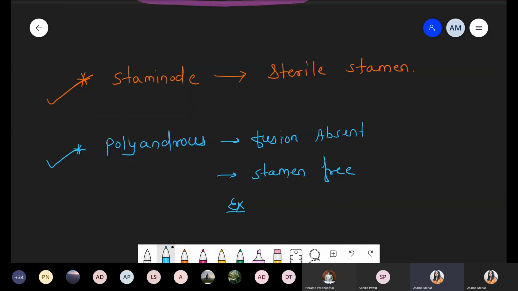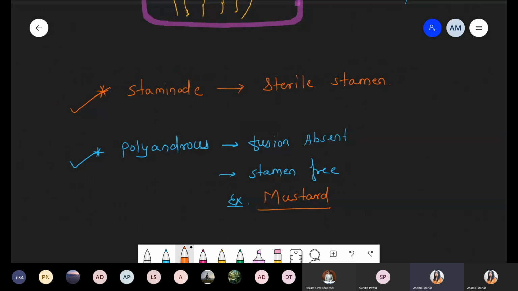The best example where the polyandrous condition is represented is mustard, belonging to the Brassicaceae family. So what does it mean? Poly means many. Androus means androecium. Many stamens are present, but in this condition fusion is totally absent. That's why it is called polyandrous, that is, all stamens are present in free form. Okay, so this point is clear, everyone.